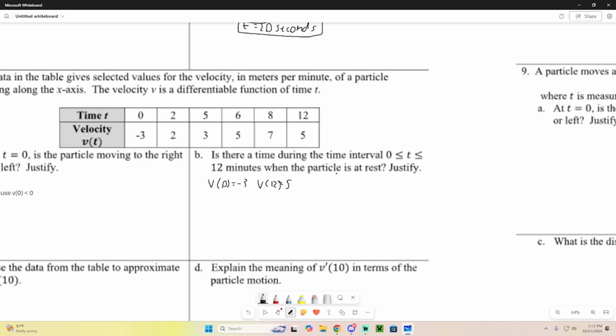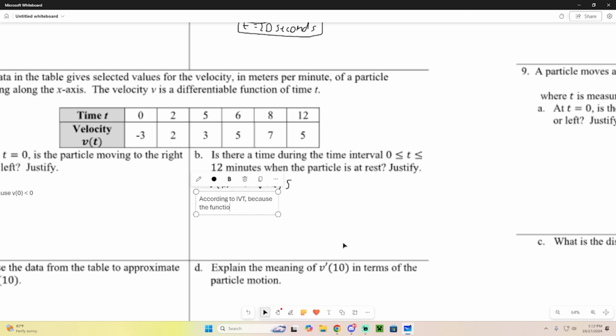We need to see if there's a value between 0 and 12 where the particle's velocity is 0, because that's when the particle is at rest. And we can see that 0 is between -3 and 5, which means yes, there is, according to the intermediate value theorem.